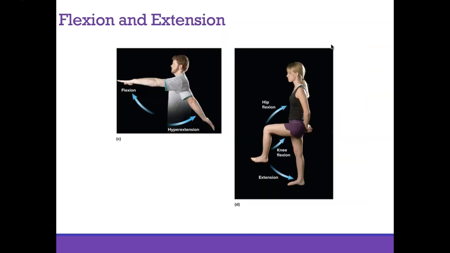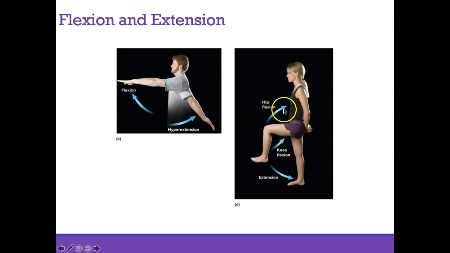So again, here's flexion, extension, and hyperextension. Here's a good example: she is flexing at the hip. This hip joint started off in one angle, and then it decreased. It went from 180 degrees straight, and then it became closer to the midline, closer to the center of the body.